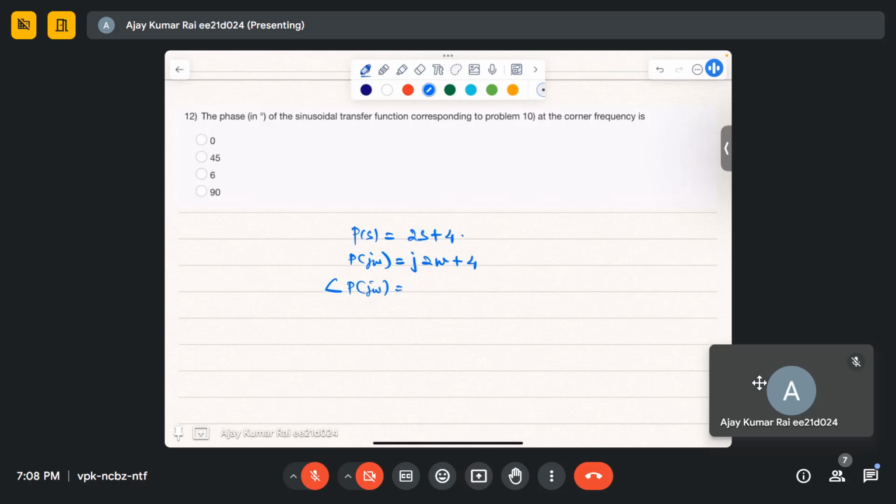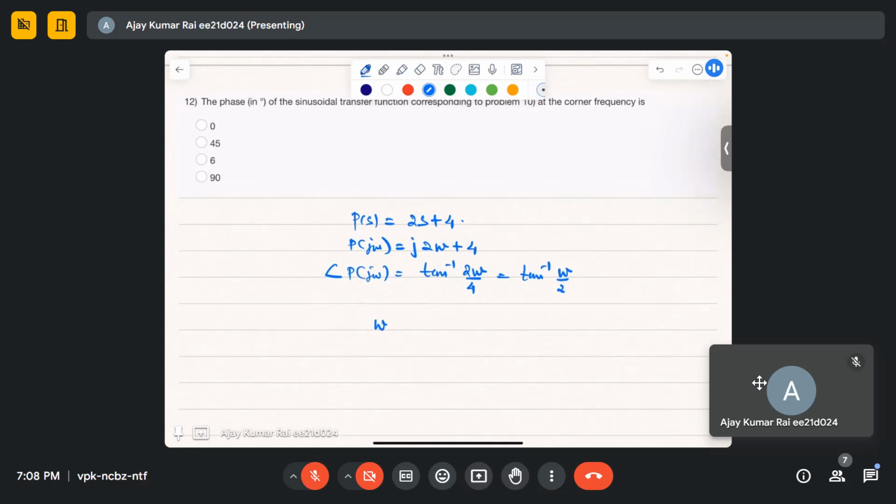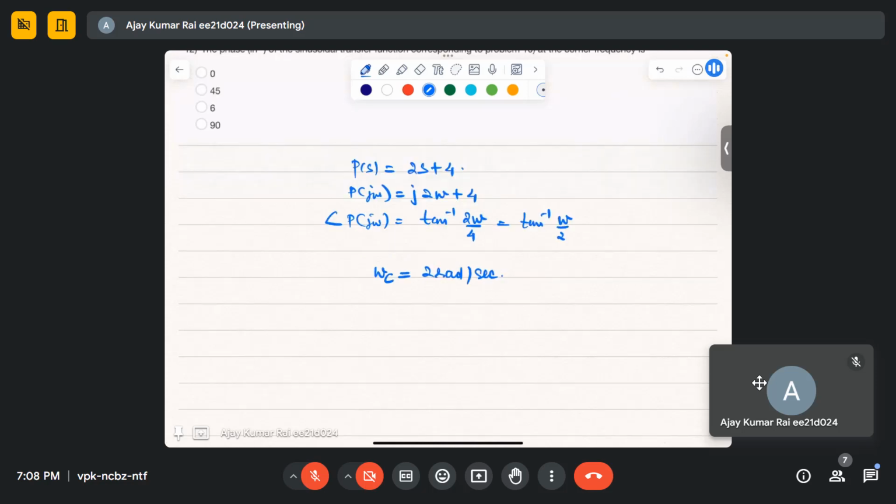Only the numerator is there, so this will be tan inverse of 2 omega by 4, which is tan inverse of omega by 2, right? And we have just calculated the corner frequency, 2 radian per second. So let's find the phase at 2.